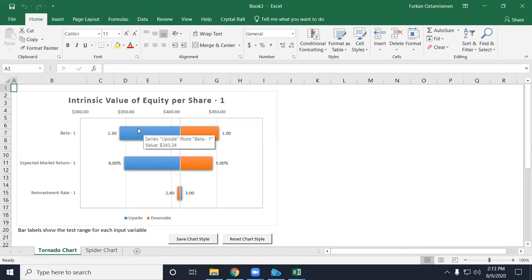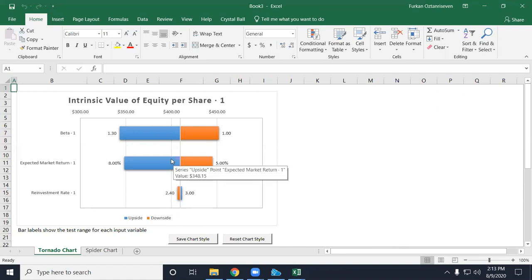But if we think that the beta coefficient is going to get higher, or there's a higher chance we are underestimating beta coefficient, we may need to pay less money for Apple stock per share. As you see, reinvestment rate doesn't make much difference, so we don't have to worry about it much.